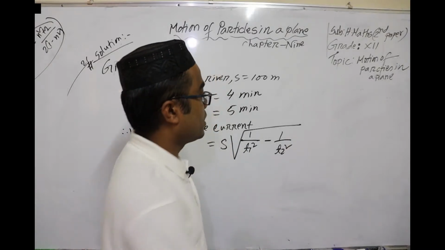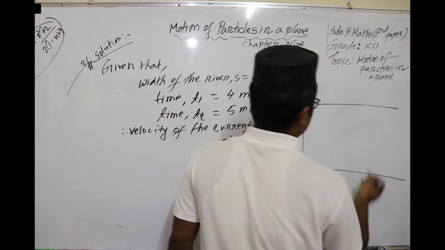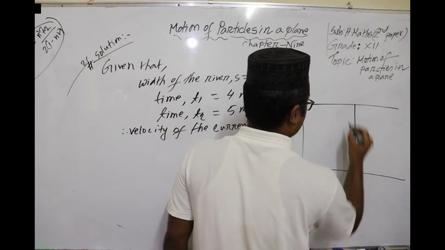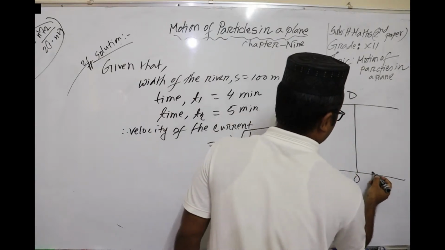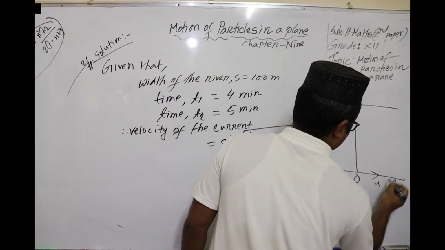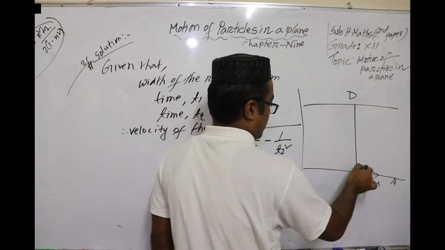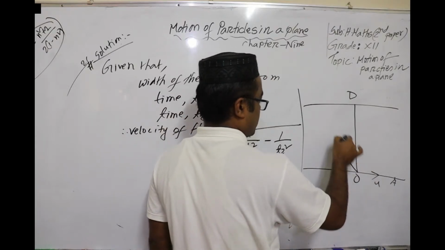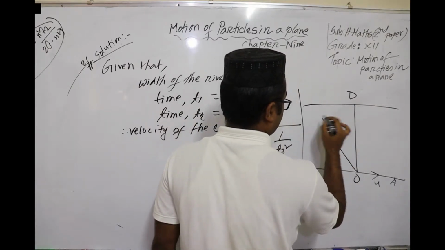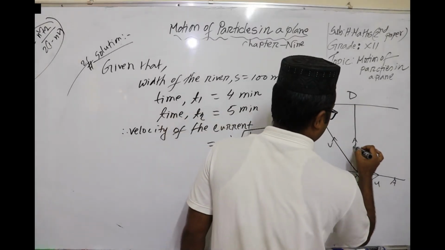But previously you learned this one like this. There is a river, so we can consider the width of the river like this, and there is a velocity of the current along OA, and another velocity of the swimmer, I mean the man, like this, OB, and there is a resultant.